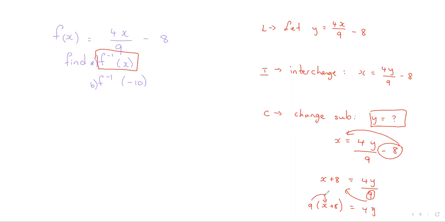So everything inside, I'll multiply it. So I'll have 9x plus 8 times 9. Eight times 9, that's 72, is equal to 4y.